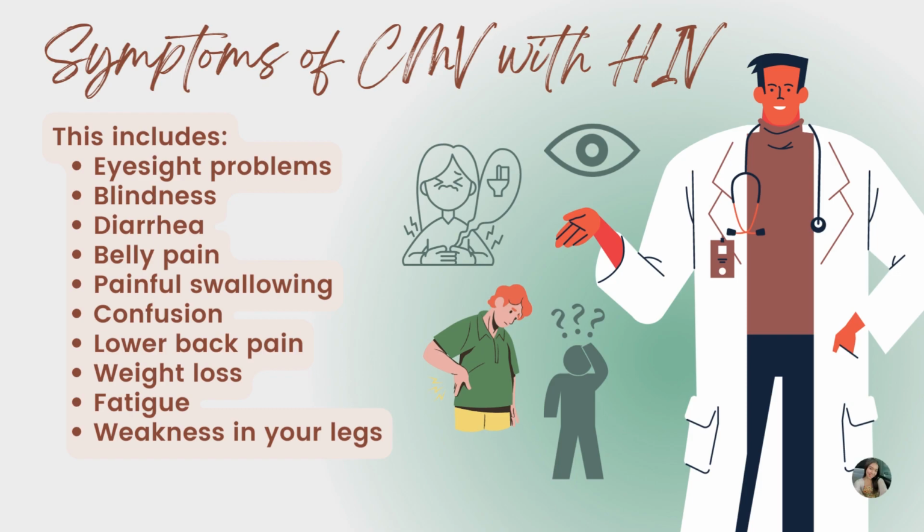It can also cause diarrhea and belly pain. Next is painful swallowing because of ulcers in the mouth or in the esophagus. And we have confusion, lower back pain, weight loss, fatigue, and weakness in the legs particularly.